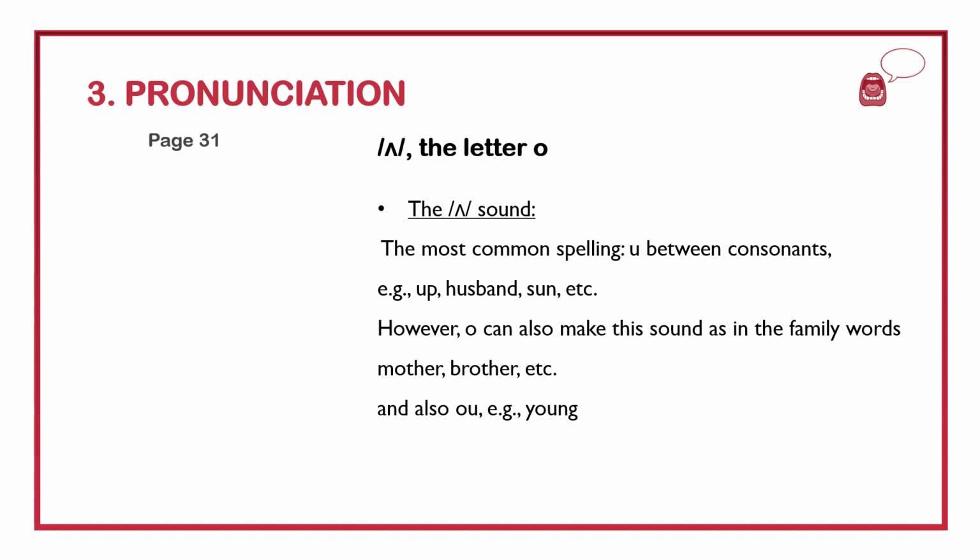But sometimes the letter O can also make this sound, as in some family words like mother, brother, etc. And also the letters OU when they come together, like the word young.